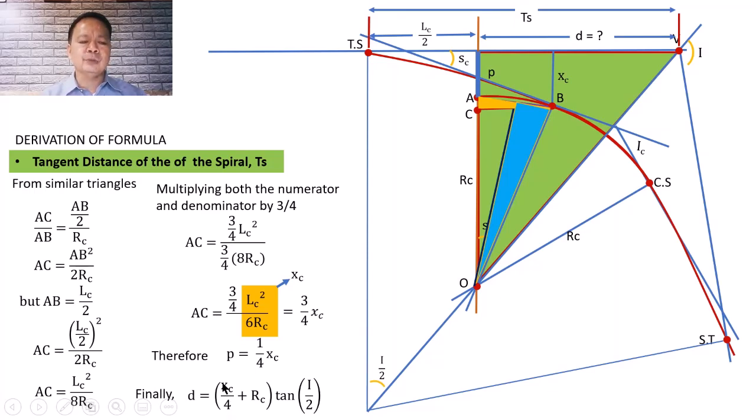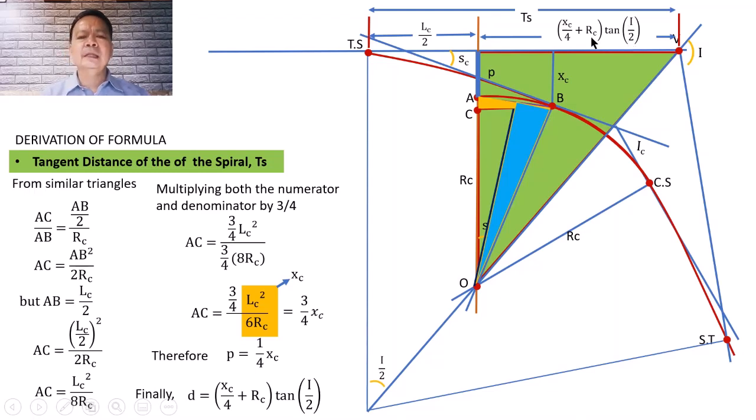That is equal to X sub C over 4 plus R sub C multiplied by tangent of I over 2. Kaya kapag ipapalitan natin yan, itong part na yun will be equal to X sub C plus R sub C tangent of I over 2.